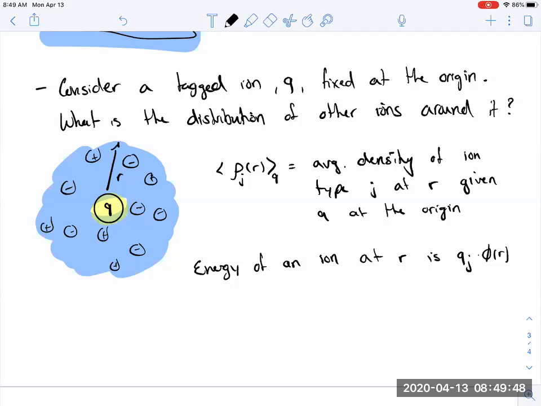If I wanted to know the energy of a specific charge at some specific place, I just need to query what that electrostatic potential is. Now, the difficulty is that that potential depends on the positions of all the ions. So if I want to know the energy of an ion at a specific position, and therefore use, say, the Boltzmann distribution to compute the probability that it would be at that position, I need to know the positions of all the other ions in order to compute that potential, which makes this calculation difficult.